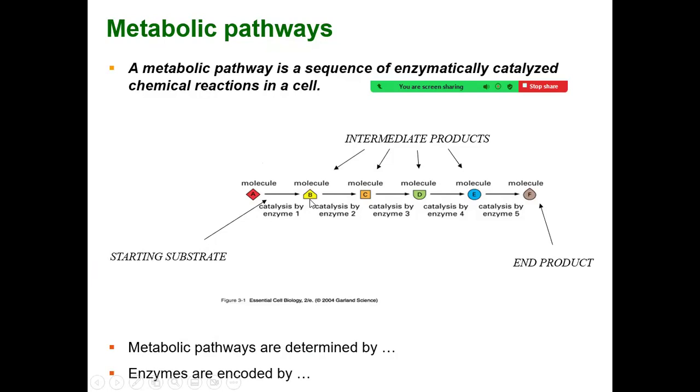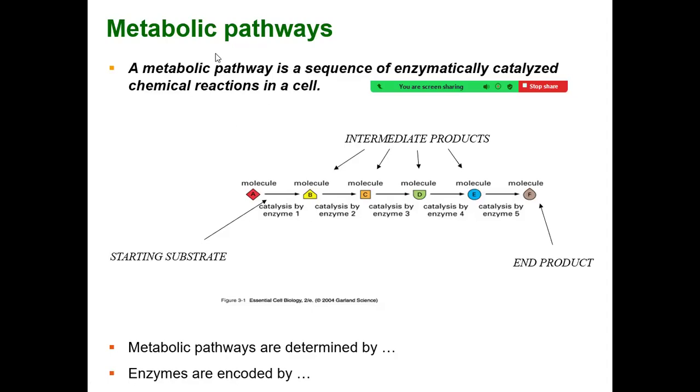Molecule B is the end product of enzymatic reaction 1, but it is the starting substrate of enzymatic reaction 2, where molecule B can be converted into molecule C. So molecule C is the end product of metabolic reaction 2, but you have to realize molecule C is the starting substrate of metabolic reaction 3.